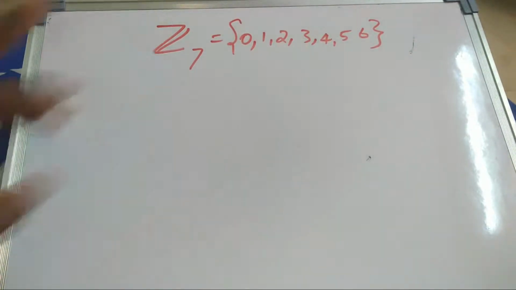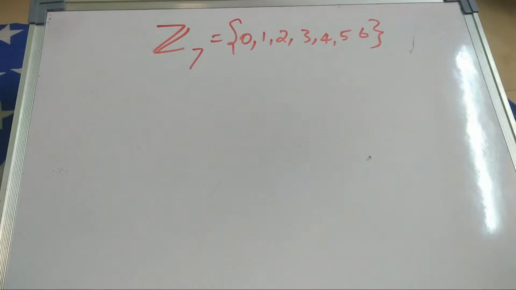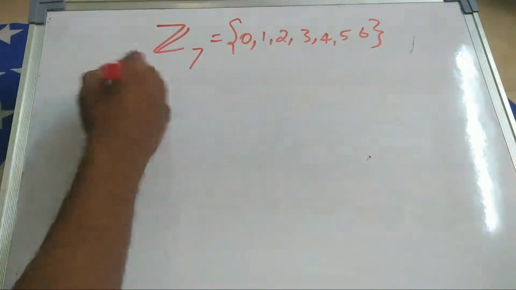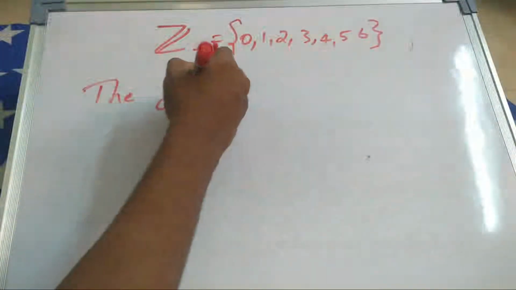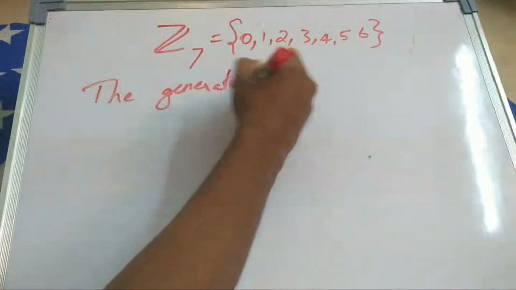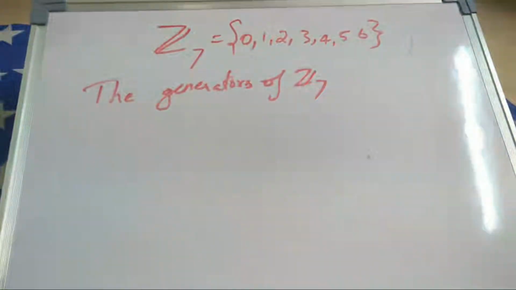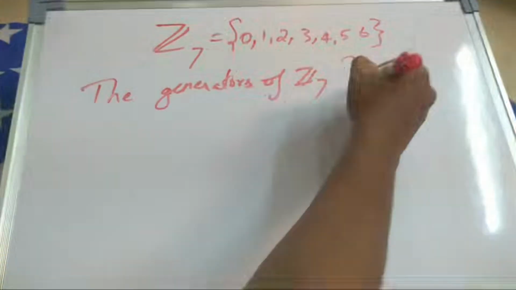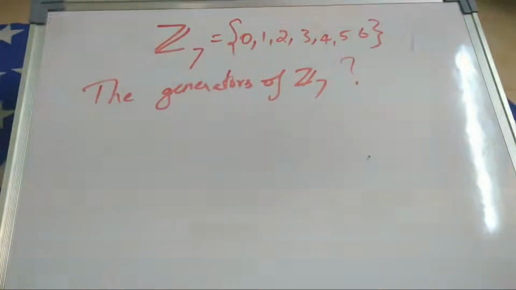So for Z7, we have 0, 1, 2, 3, 4, 5, 6. Now, what are the generators of Z7? What are all the generators of Z7?